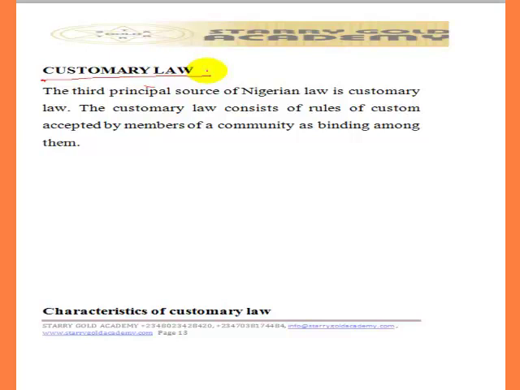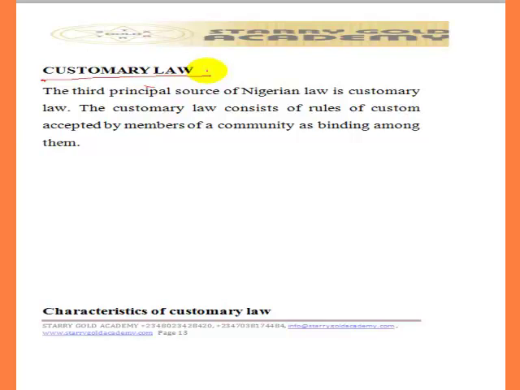In Nigeria, we have customary law that is common to each tribe. Each ethnic group has one customary law or the other. Customary law is divided into two because of the type of religion we practice in Nigeria.